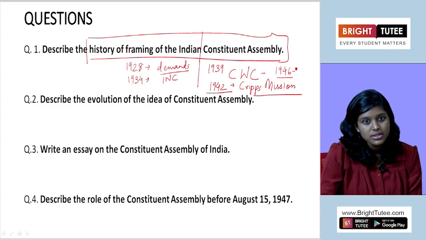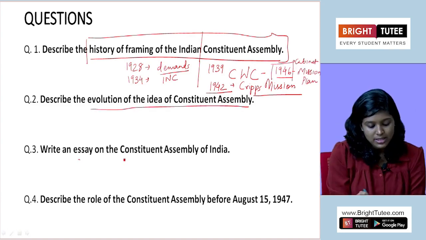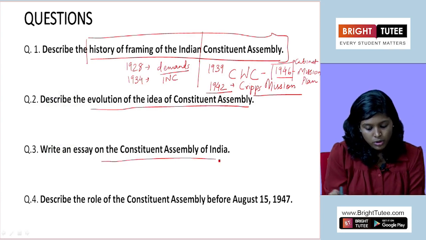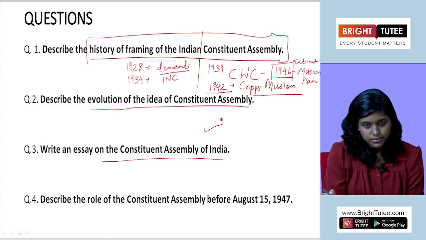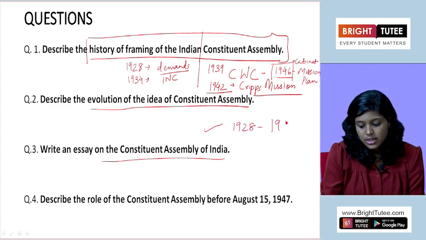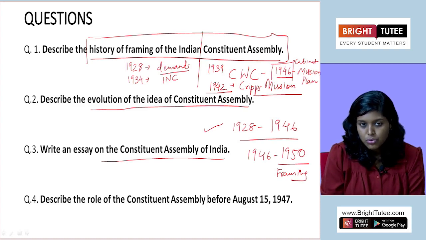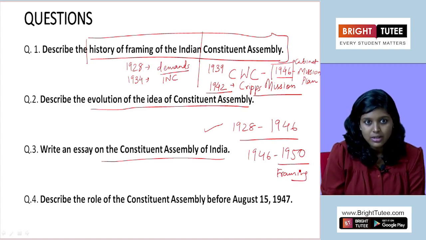The next question is: write an essay on the Constituent Assembly of India. So here too, beginning from 1928 to 1946, the developments which we have talked about, and from 1946 to 1950, when the final framing of the Constitution happens, these are the things which you will have to write in detail under this question.